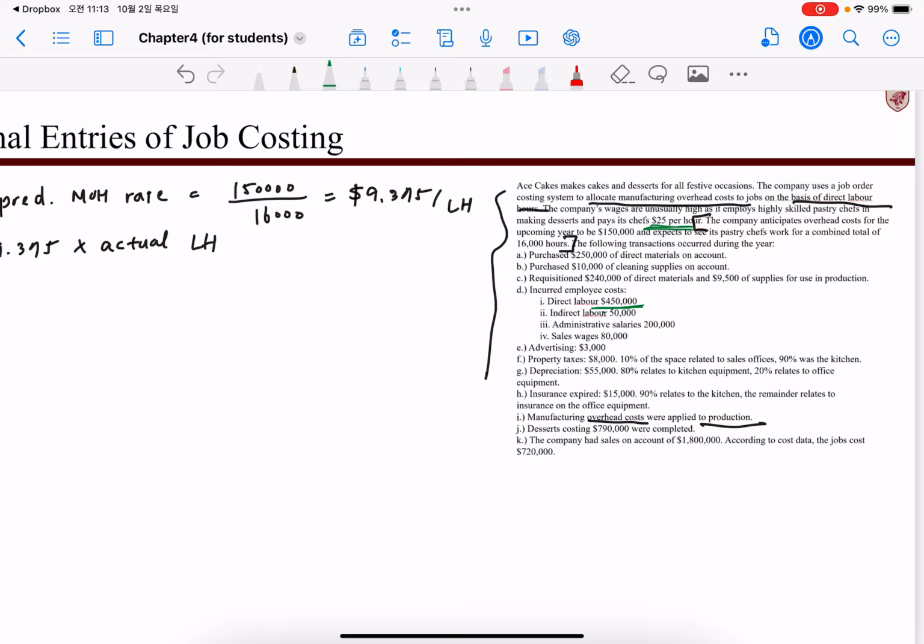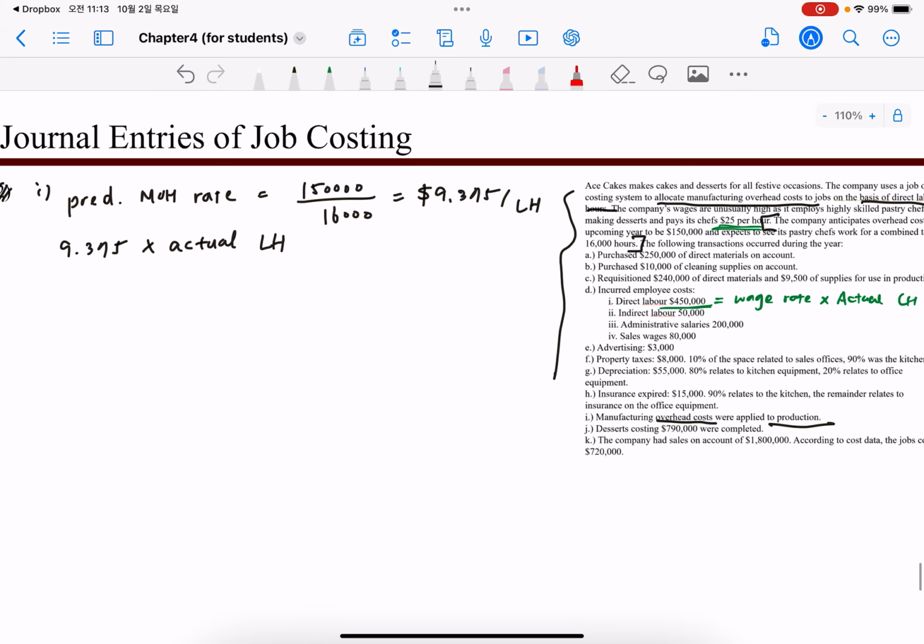So given that the labor cost is calculated based on the wage rate and the actual labor hour, we can also compute the actual labor hour by dividing the 450,000 labor cost by the $25 wage rate, and that will give us 18,000 LH, right?